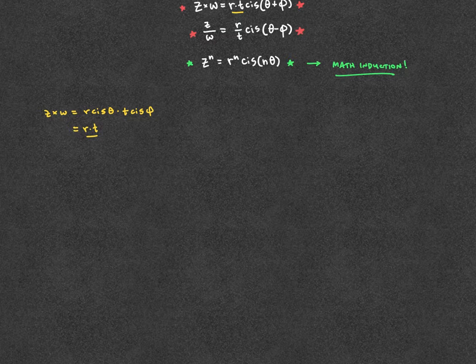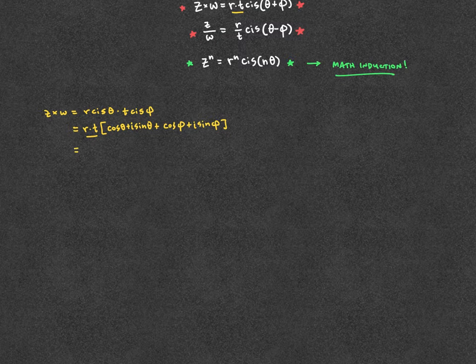What I'm going to do with the remainder is expand cis theta, which is cosine theta plus i sine theta, as well as expand cis phi, which will be cosine phi plus i sine phi.